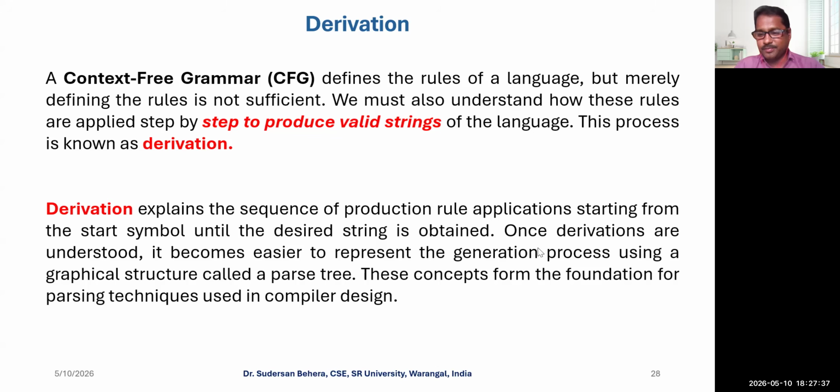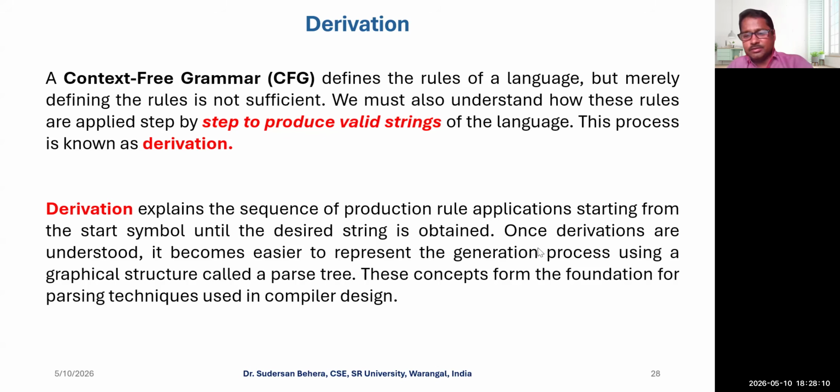Now I will give you an example on this. What I said is the process of generating strings from a given grammar, in the sense of a context-free grammar, by applying certain substitutions. Substitution means replacement. Applying certain substitutions or replacements is called derivation.